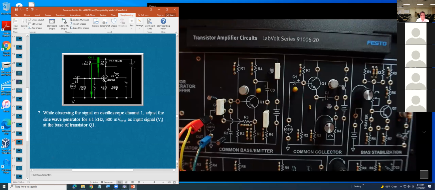If not, we see what they wanted us to do. They say observe the signal on scope channel 1. Adjust the sine wave generator for 1 kilohertz, 300 millivolts peak to peak, at the base. So now the generator will be connected to the generator input here.